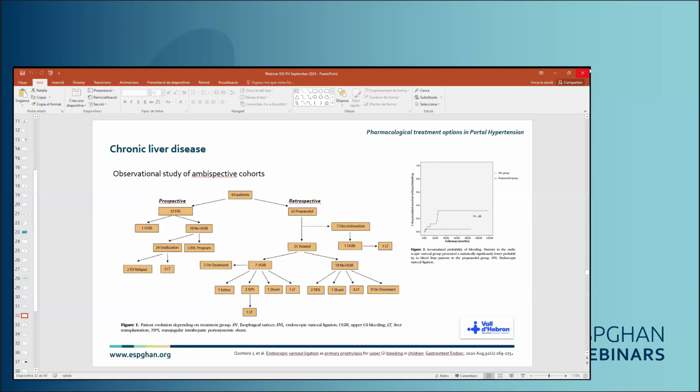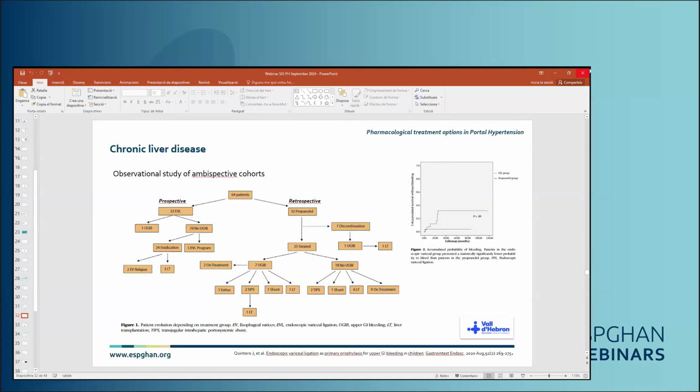It's obviously not a big cohort, there are about 30 patients in each group. What we saw is that the accumulated probability of bleeding was actually lower in the patients that we scoped than in the patients that we used propranolol.